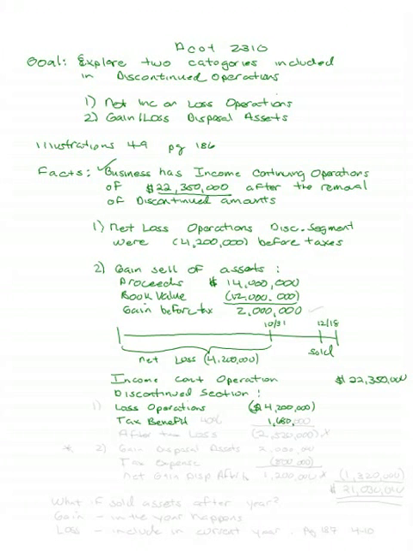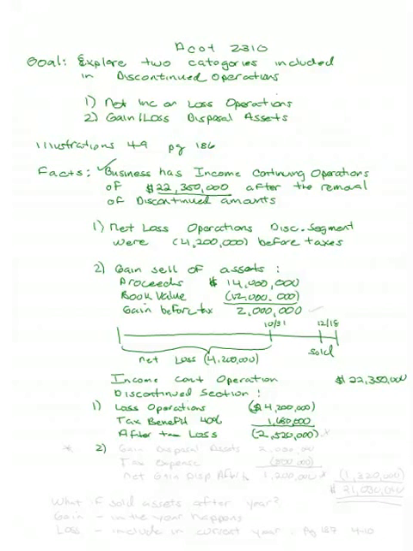Go ahead and stop and times that number by 40%. You'll see I'm right. That reduces your loss down to $2,520,000. So the after-tax loss on operating activities was a minus $2,520,000. So there's our first piece, loss from operations.